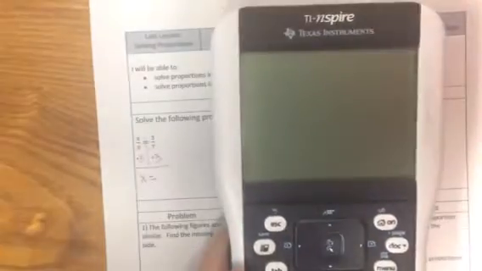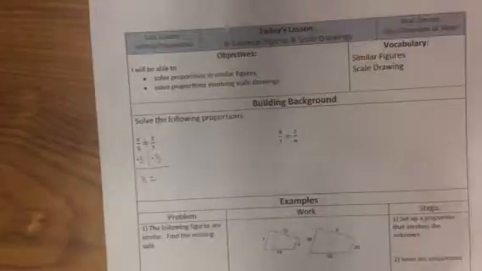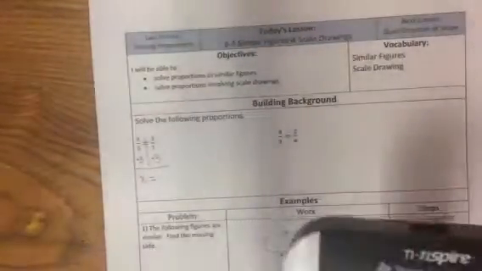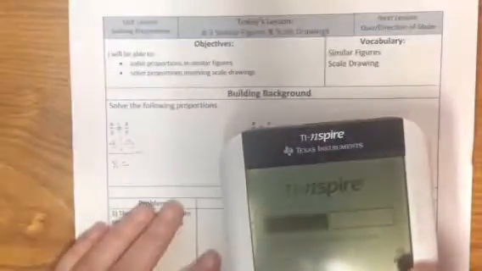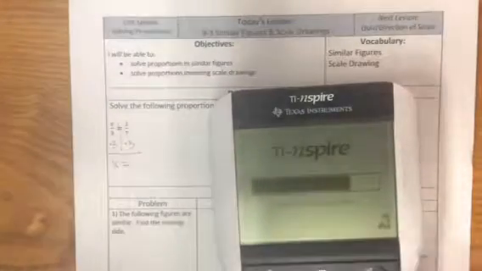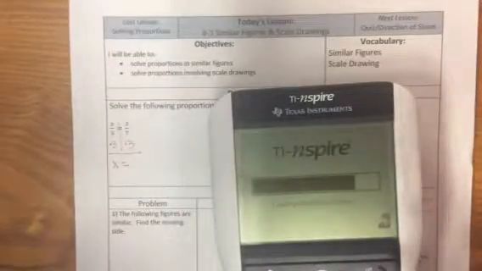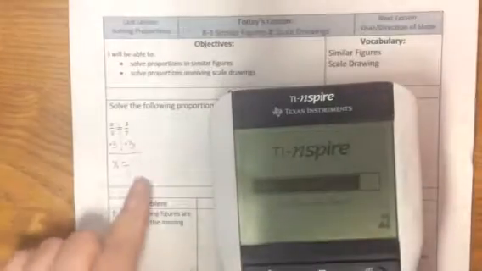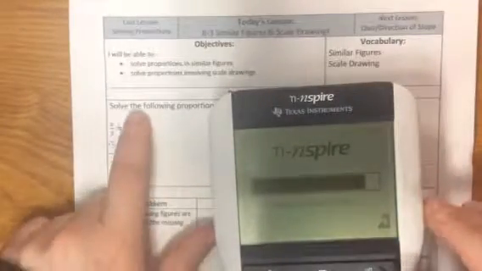So I use my calculator. I'm going to turn it on first. Sorry, I thought it was on. Hanging out, wasting time, waiting for a calculator to turn on.